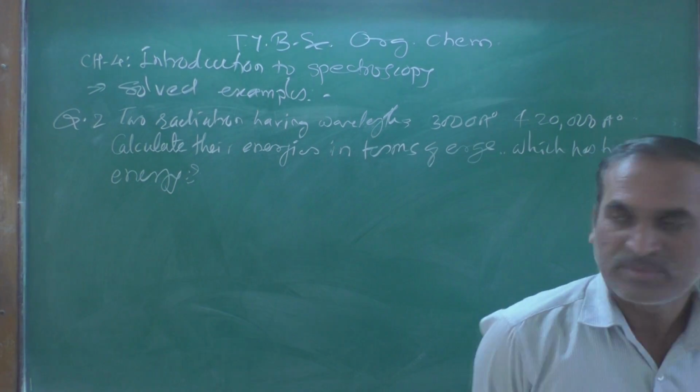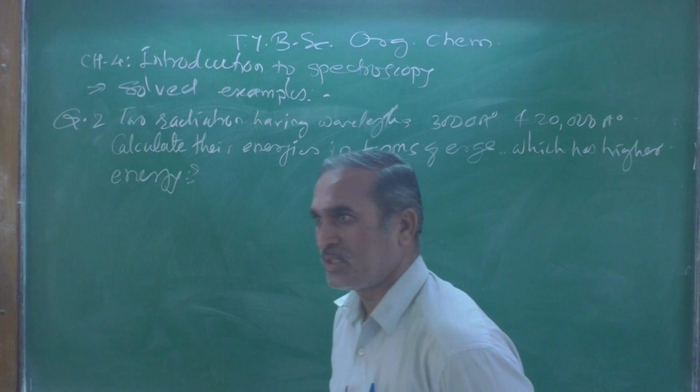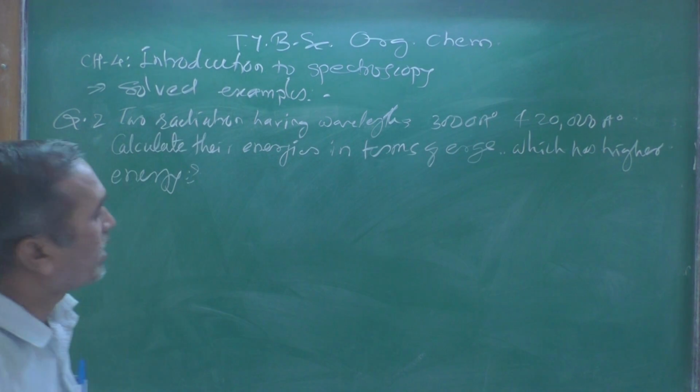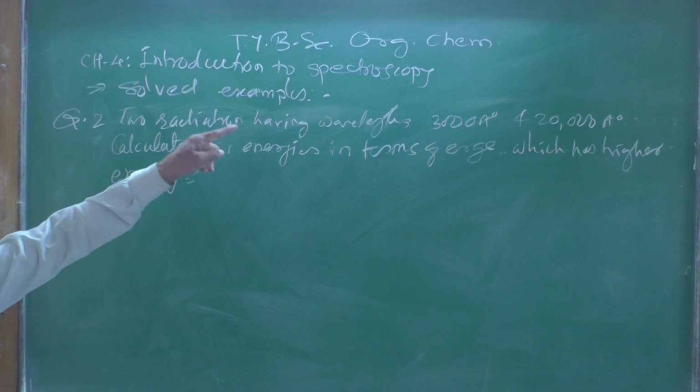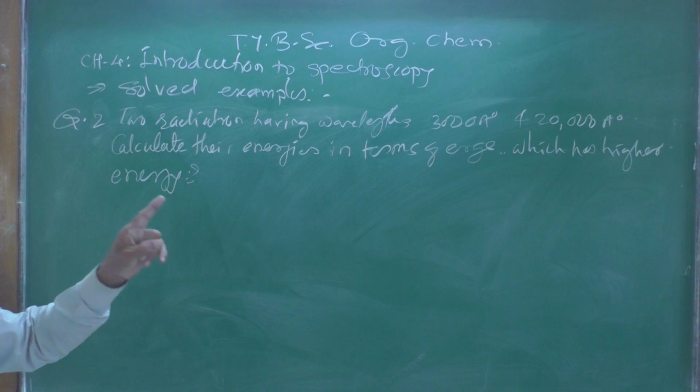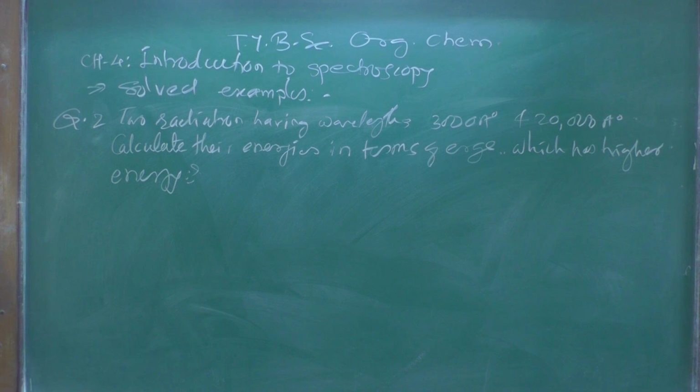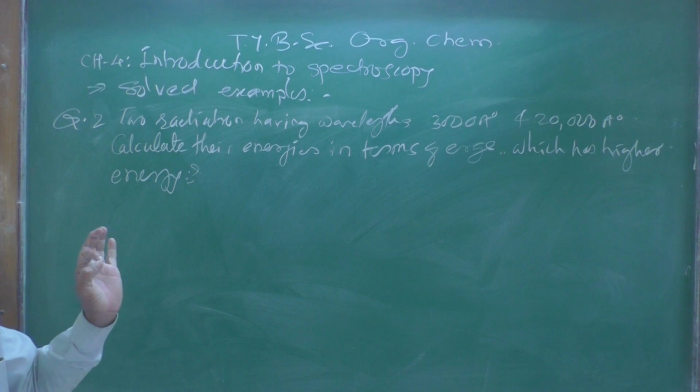Once again, read the problem carefully. Two radiations having wavelengths 3000 angstrom and 20,000 angstrom, calculate their energies in terms of ergs, and which has higher energy.